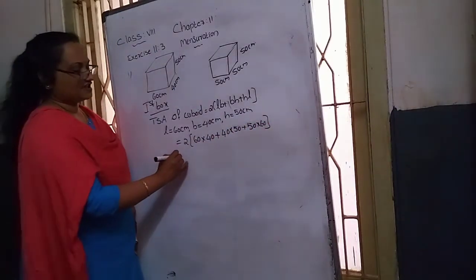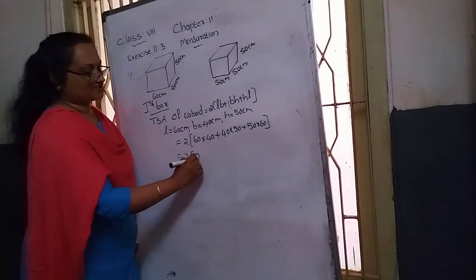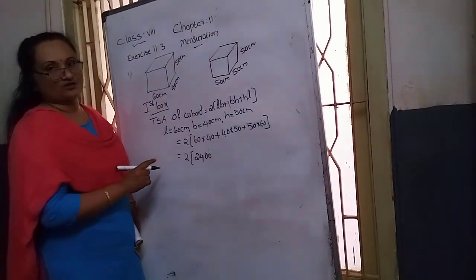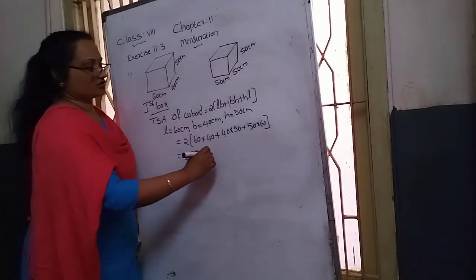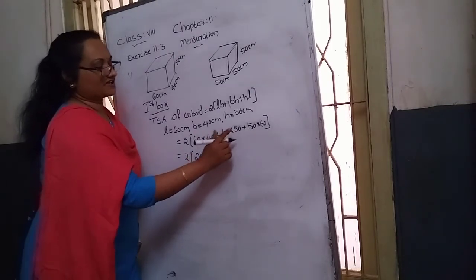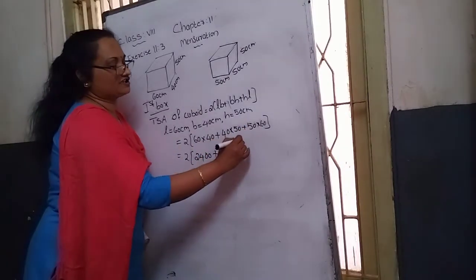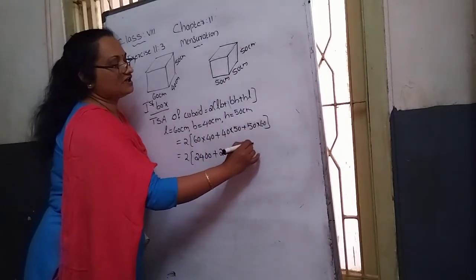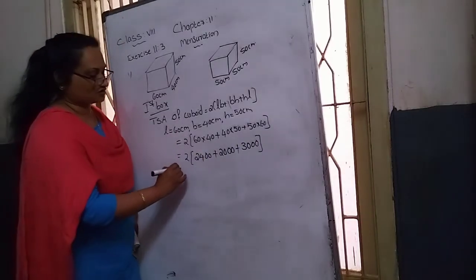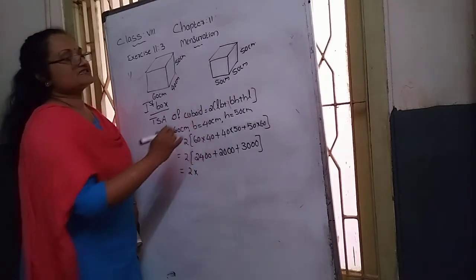Close the bracket. Inside the bracket, 6 fours are 24, and the zeros from the multiplicand and multiplier, 2 zeros, give 2400. Plus 4 fives are 20, with 2 zeros, 2000. Again 5 into 6 is 30, with 2 zeros, 3000.